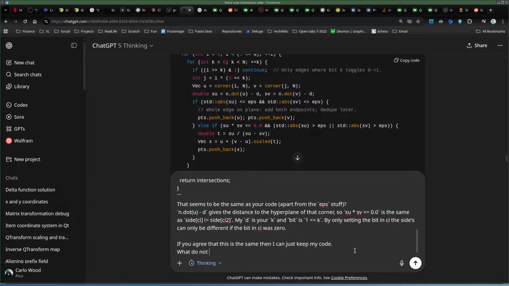What I do not understand is why this leads to a cyclic ordering of the corners of the polytope.